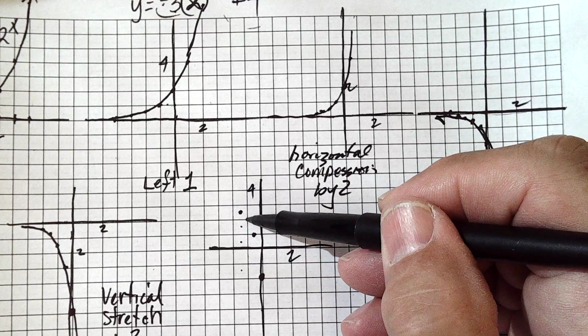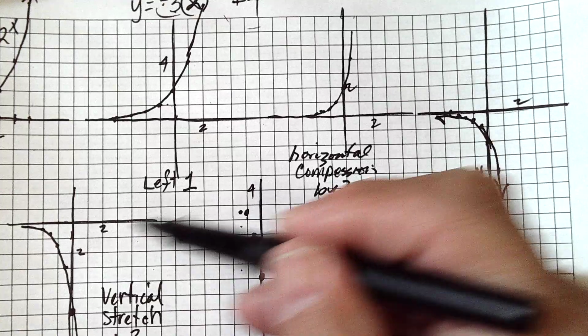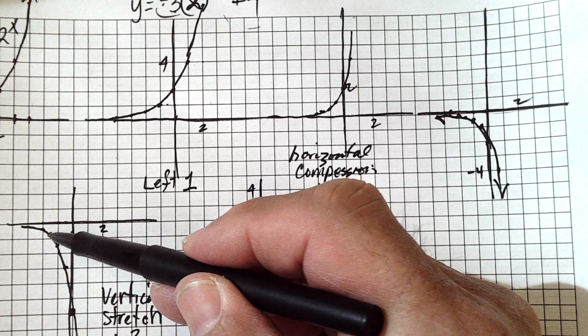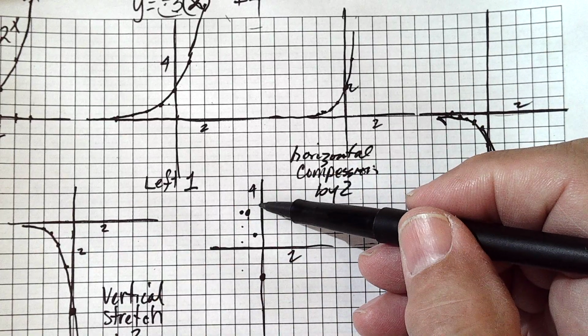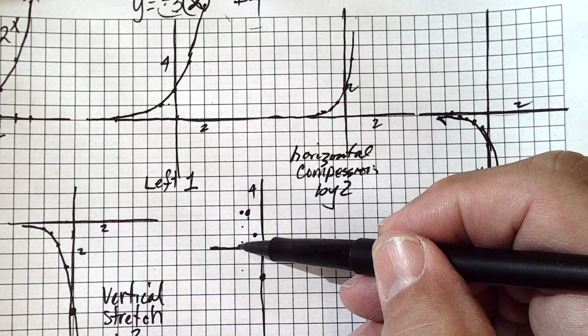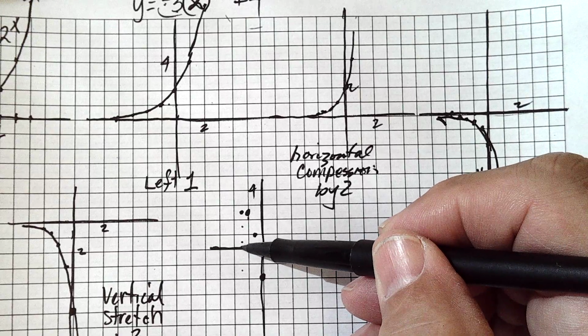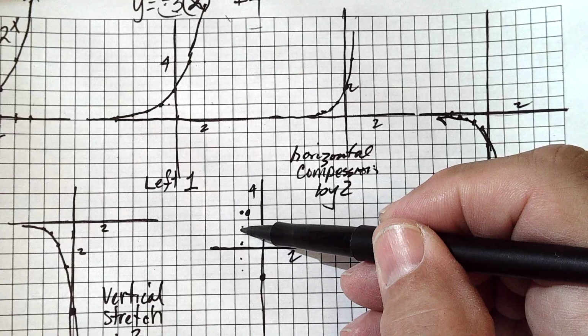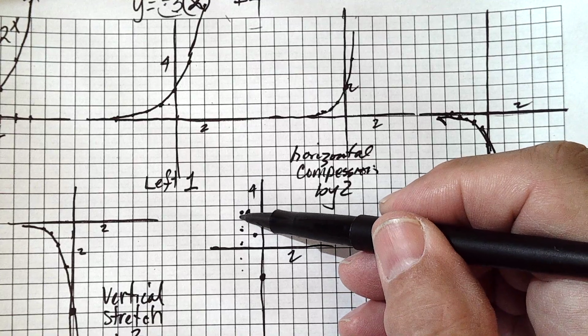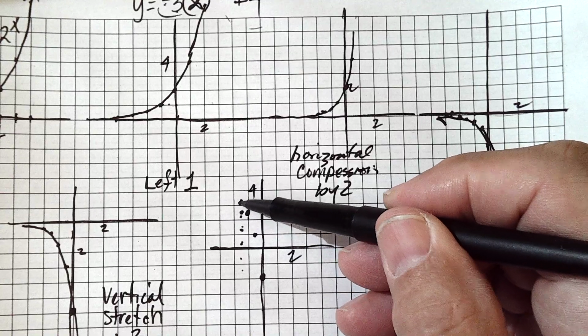Oh, at -1, it was negative 3/4. So up to 1/4, to 1 1/4, 2, 3, 4.